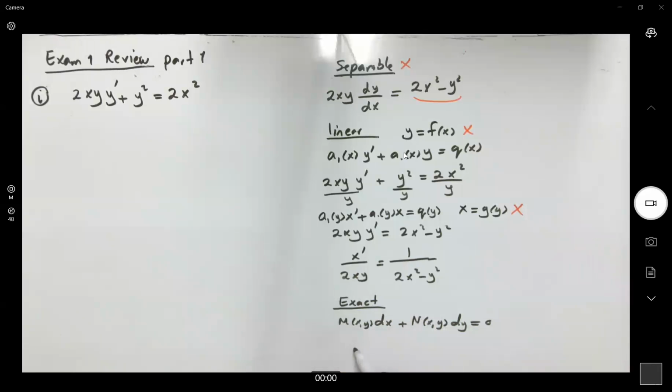I have y squared minus 2x squared dx plus 2xy dy equal to 0. The partial derivative of M with respect to y is 2y. The partial derivative of N with respect to x is also 2y. So this guy is exact.